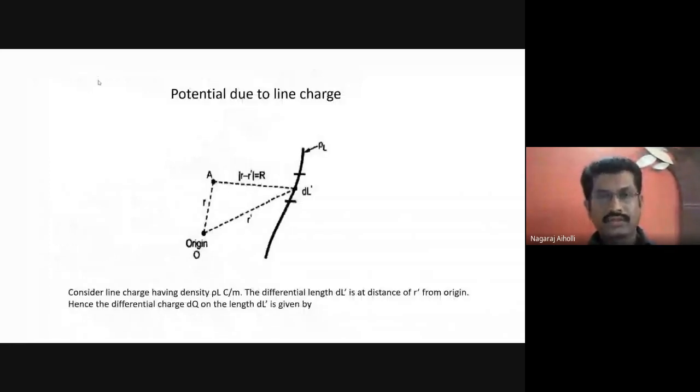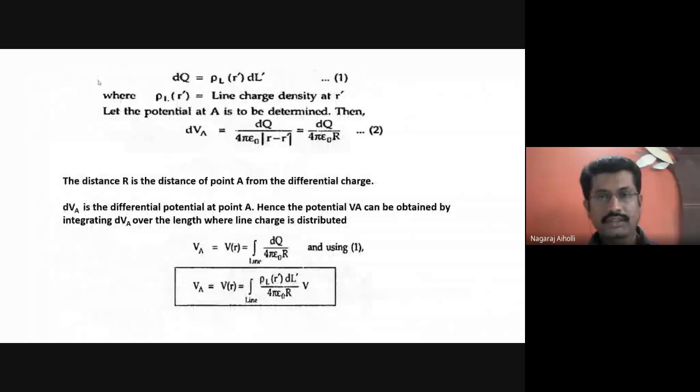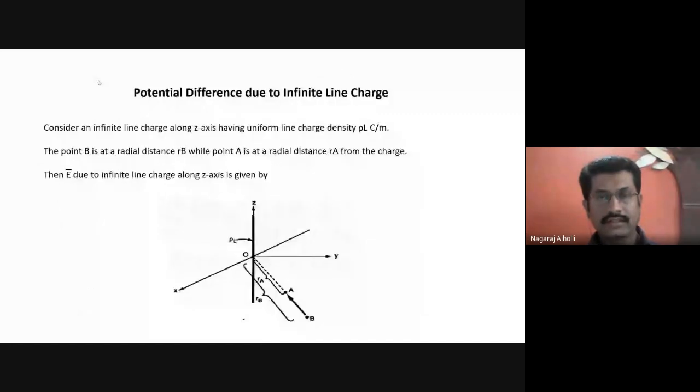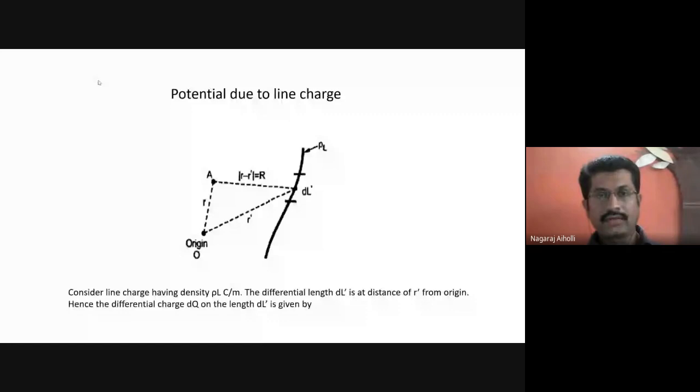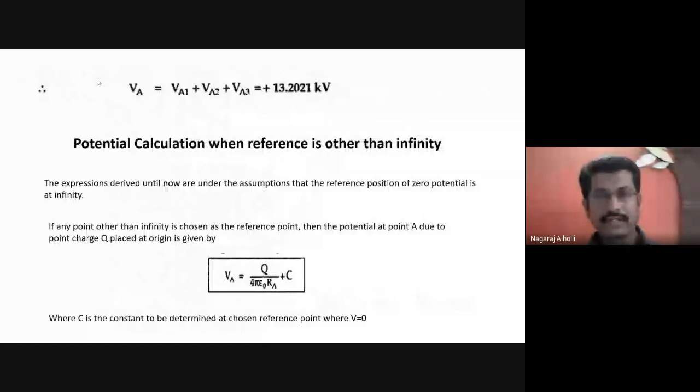So next topic is potential due to line charge. It will take another 5-10 minutes. Then next is potential due to surface charge, and potential difference due to infinite line charge. So that we will take up in the next session. In today's class, we have covered potential. We have covered an example at the beginning with the concept of principle of superposition.